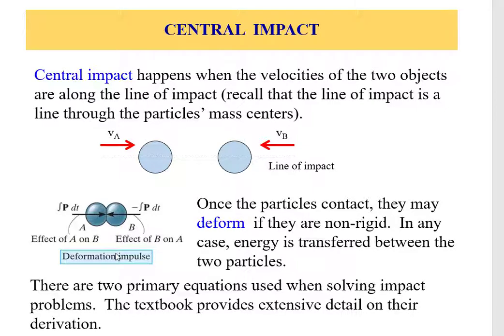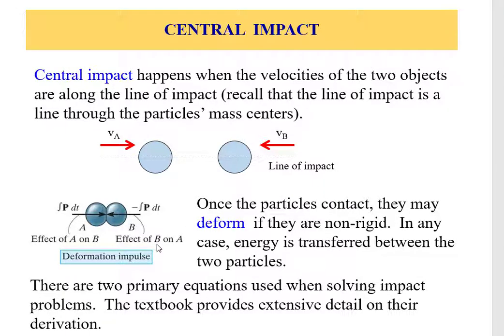So it's important to emphasize that to establish the central or oblique classification, you need to know the line of impact. And the first step is to draw a line between the two masses that will define the line of impact.